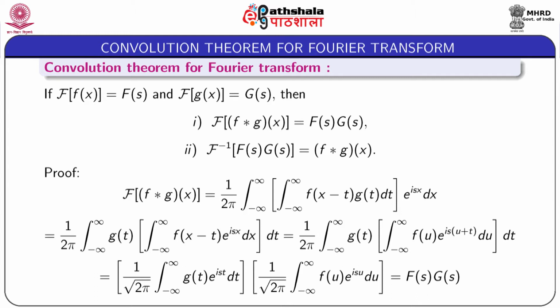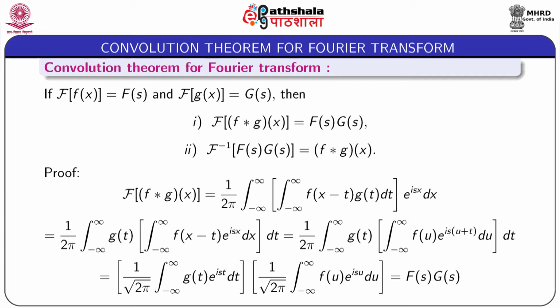For proof, we first find out Fourier transform of convolution of small f and small g, that is Fourier transform of f star g, which is given by 1 by root 2 pi integral minus infinity to plus infinity, again minus infinity to plus infinity integral f(x minus t) g(t) dt into e to the power i s x dx.